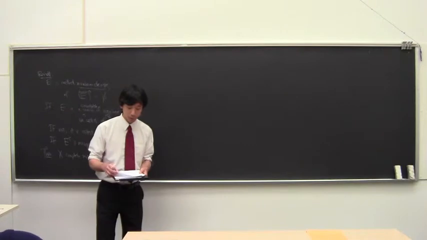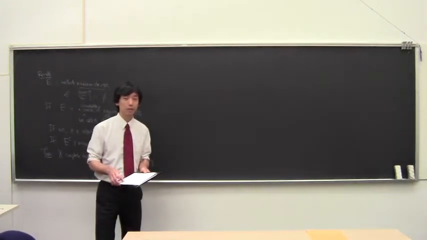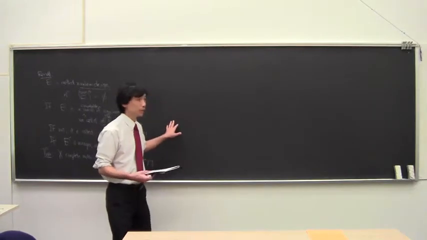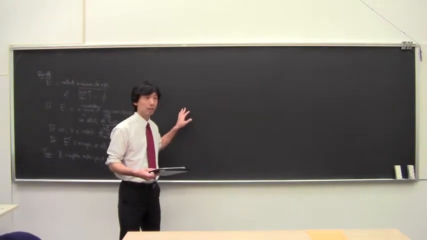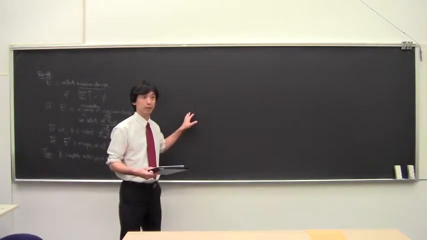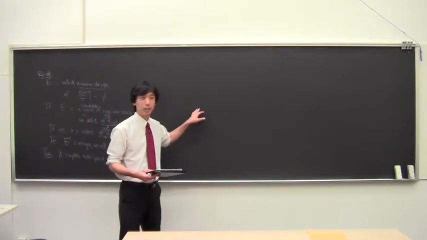The first is talking about the points of continuity of a limit of continuous functions, right? So you have a bunch of continuous functions, and they converge pointwise to some function. That function need not be continuous, right?